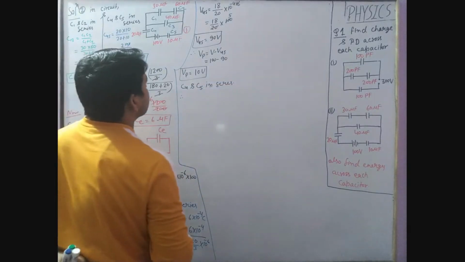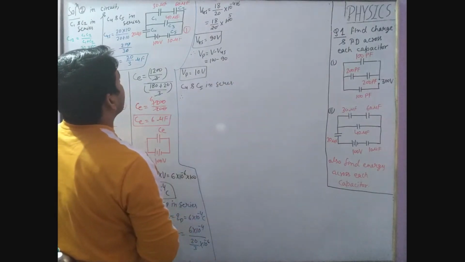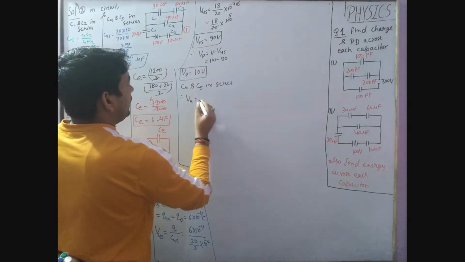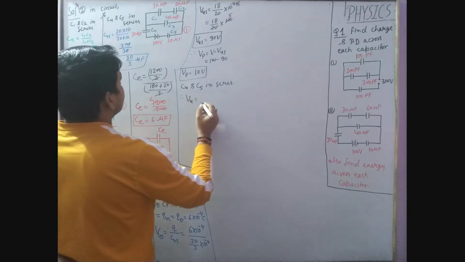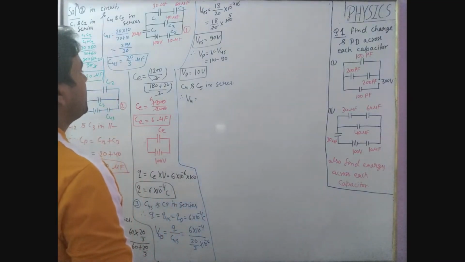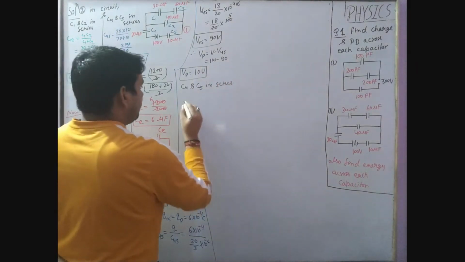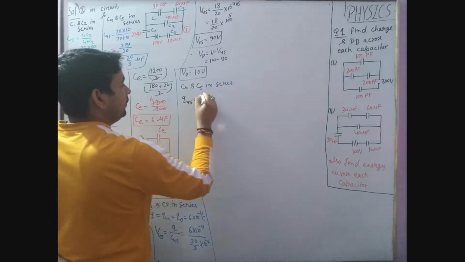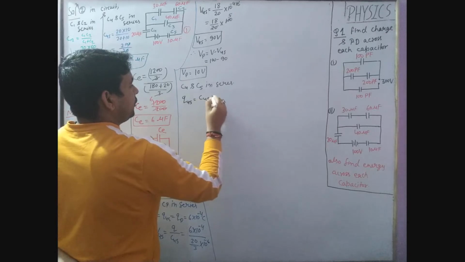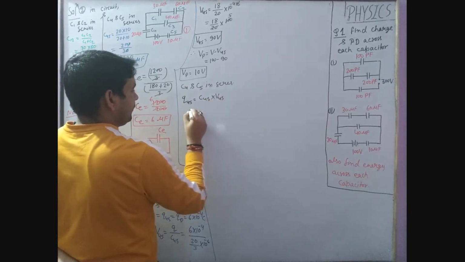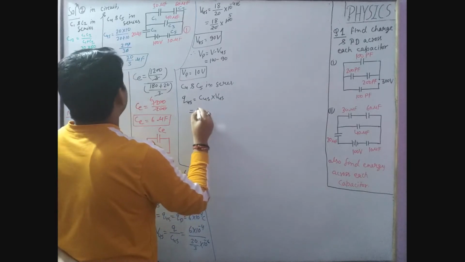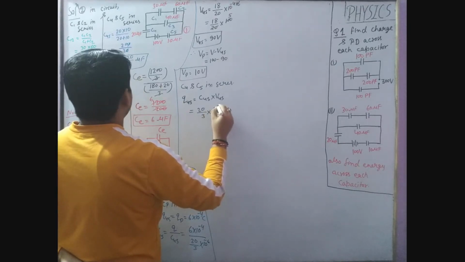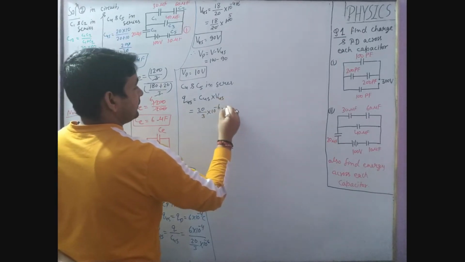Therefore V4 is equal to, okay, first we need to calculate the value of charge, that is charge Q45, which is equal to C45 into V45, okay, which is equal to 20 by 3 into 10 to the power minus 6, and this result is 90 volts.